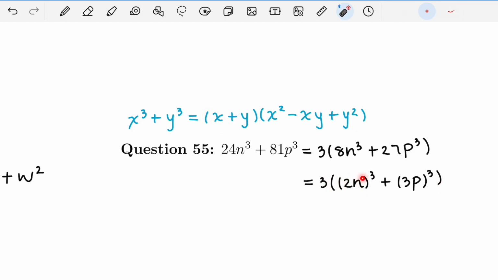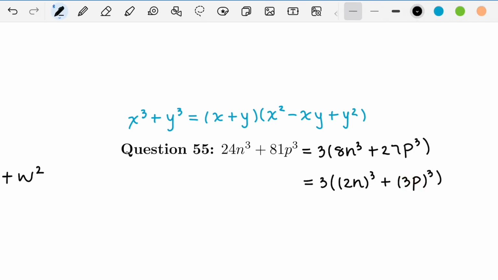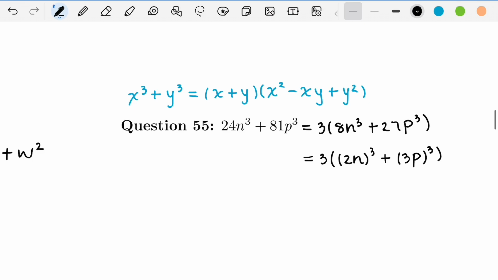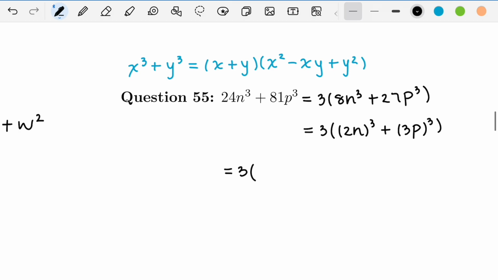Now in this case, our first cube term, x, is going to be 2n, and then we're adding our second term, which is going to be y, which in this case is 3p. So we're going to plug that into our fully factored form. Now we still have this 3 on the outside. This 3 is going to multiply our x plus y, so that would be 2n plus 3p, since those are our x and y in this case.